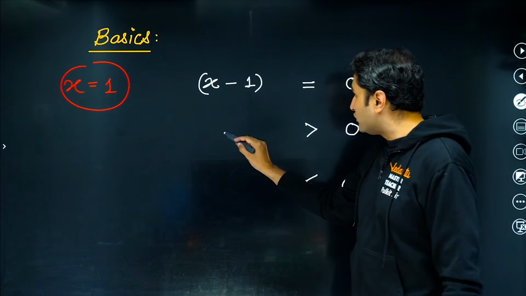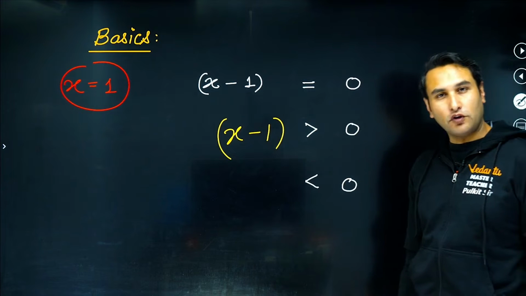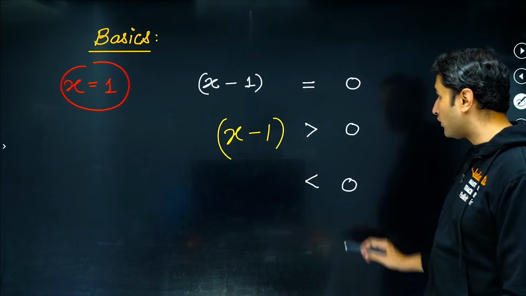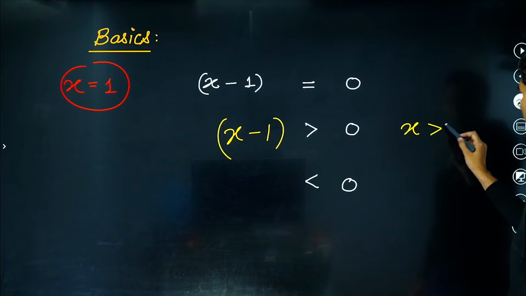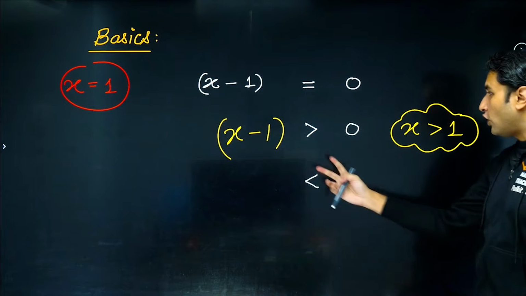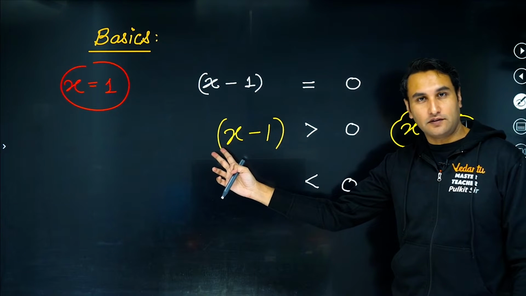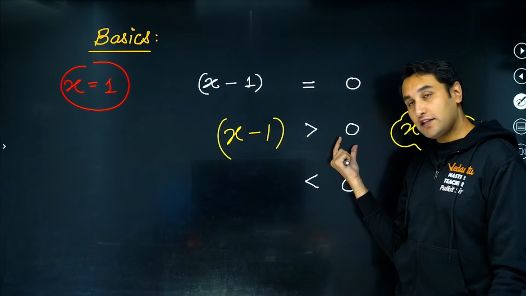But what if I give you x minus 1 greater than or equal to 0? What will you get? All of you have solved it before. Take 1 on the other side, it becomes x greater than or equal to 1. So for all the values of x greater than 1, this factor x minus 1 will be greater than 0.